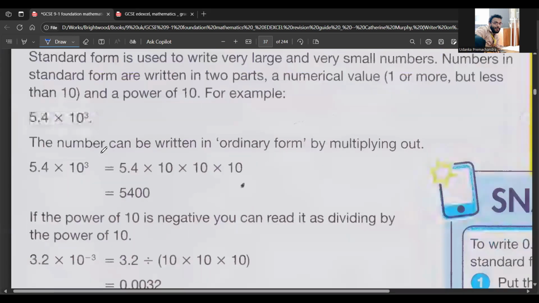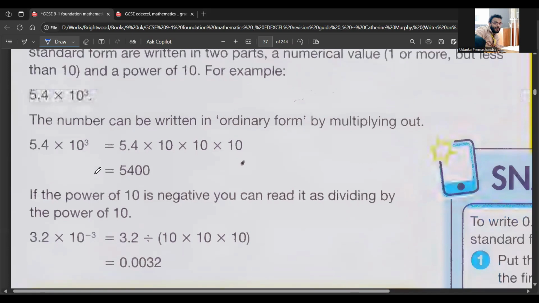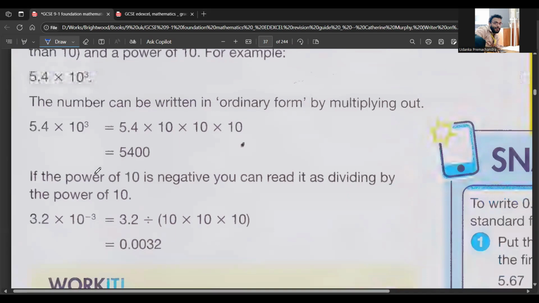For big values, like 1000, million, we have to go with plus values. If they are having decimal point values like 0.000 something, we have to go for the minus value. That's the only thing. You just remember like this.